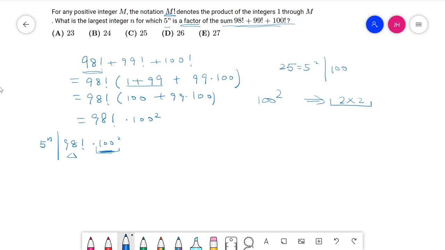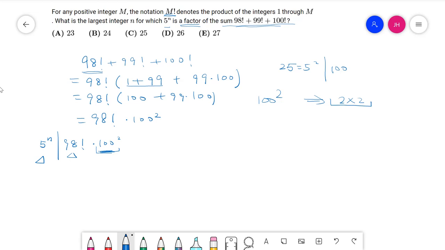How about the first term? The first term is a multiplication of many, many numbers from 1 all the way to 98. So the best way to do that is to find the patterns, right? So what's the best way to find the patterns? As to a multiple of 5, we know that we have a multiple of 5 every 5 numbers. For example, from 1 to 5, we have a 5. That's a multiple of 5. And then from 6 to 10, we have another multiple of 5, which is 10.